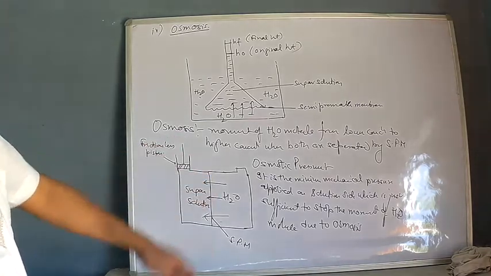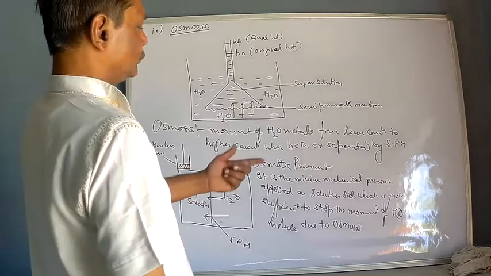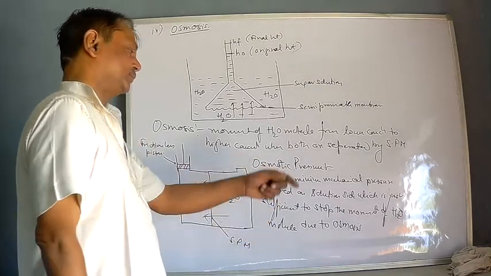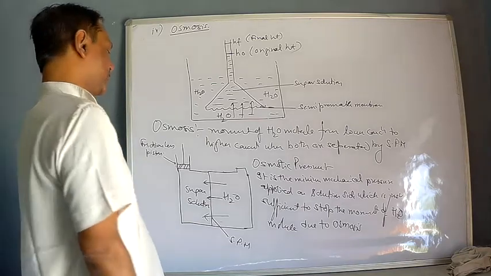So that is the definition of osmotic pressure. I repeat again. It is the minimum mechanical pressure applied on solution side, which is just sufficient to stop the movement of water molecule due to osmosis.